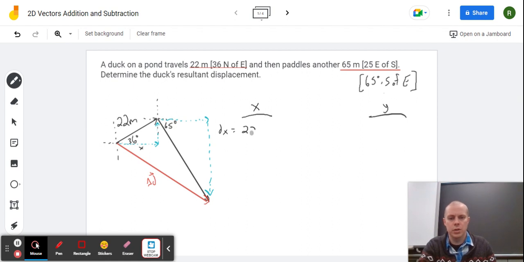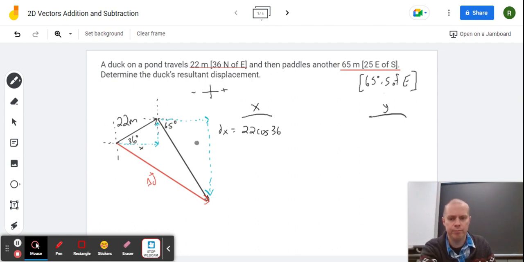So 22 cos of the angle measure. And as we see in the picture here, the x component is going east. So I'll make a little compass here, and I'll say east is positive, west is negative. This is going east, so I'll leave it as positive.